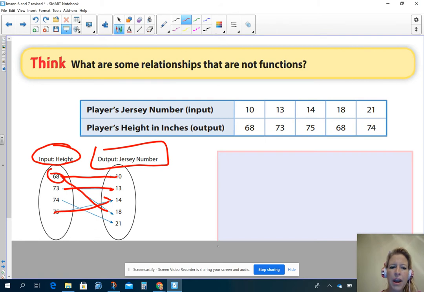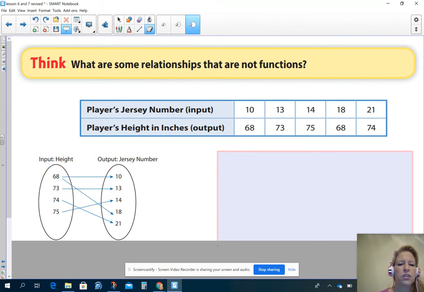Do I have 1 output for each input? In this case, I have 2 outputs for 1 input. Does that follow our rule? That doesn't follow our rule. So this could not be right.